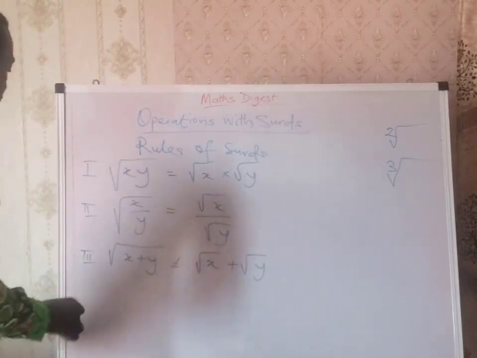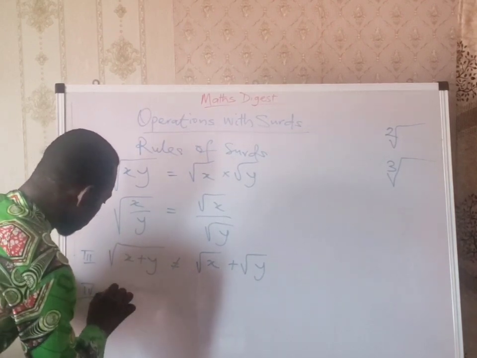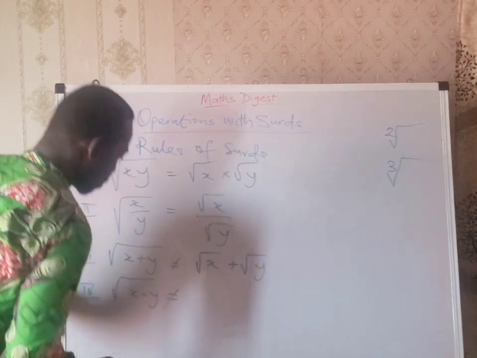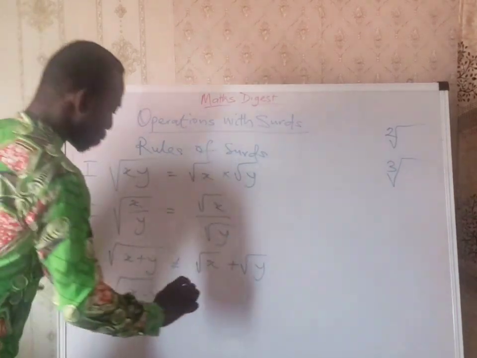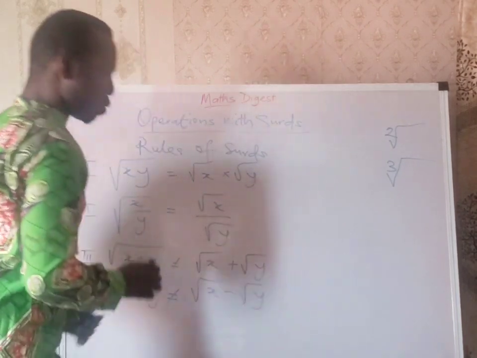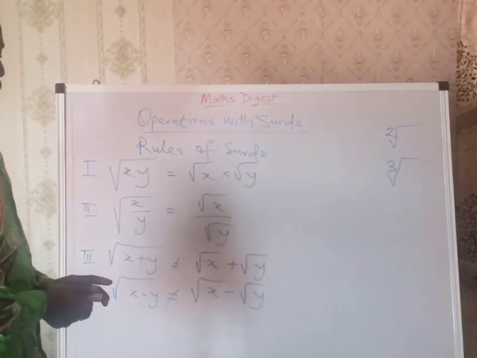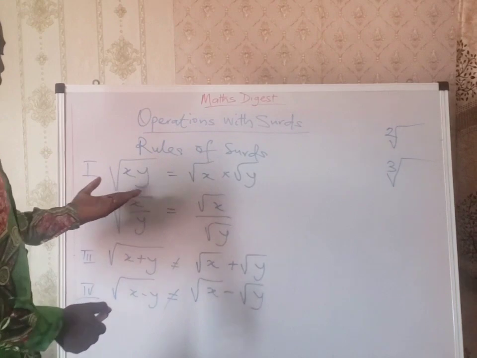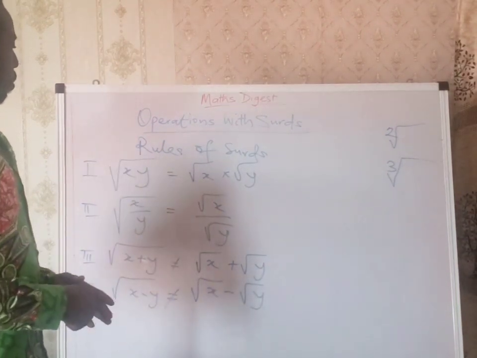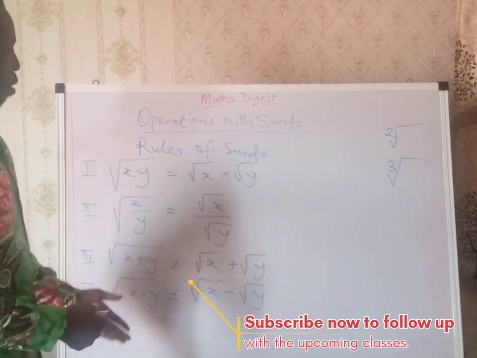And the fourth one, the subtraction rule, root of x minus y is also not equal to root x minus root y. So when you look at these four rules, you see how they are being used. As we go further in operations with surd, we'll be seeing some of this, or rather all of them.